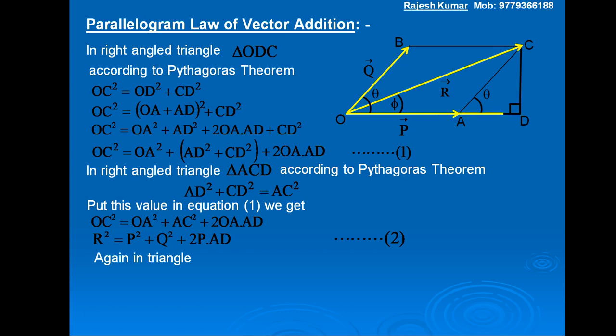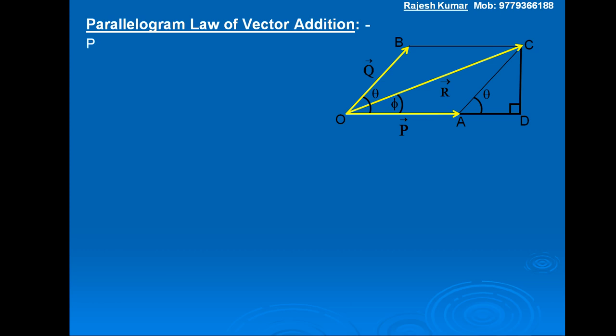Again in triangle ACD, AD base upon AC, which is hypotenuse, is equal to cos theta, or AD is equal to AC cos theta, or AD is equal to Q cos theta, because AC is equal to OB is equal to Q. Let it be equation number 3. Now put this value in equation number 2.